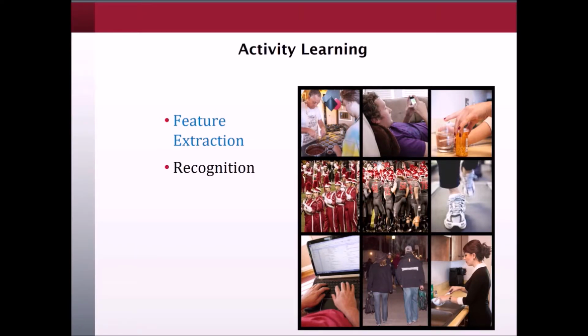The first being feature extraction, or how to extract a feature vector that represents a single data point from mobile data, and then activity recognition, how to automatically recognize activities that are being performed based on these data points collected from mobile sensor data.